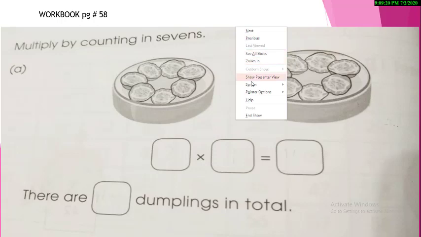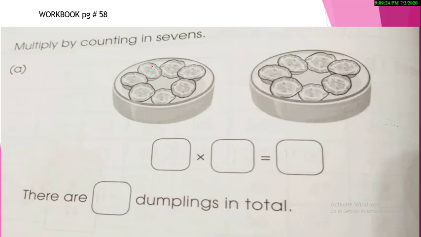We just need to count only the items of each dish, so it belongs to the 7 times table. So 7 twos are, you can read it. 2 sevens are, so what will be our answer? 2 sevens are 14. Yes, so now write down 14 over here.